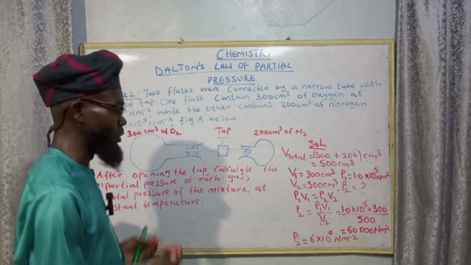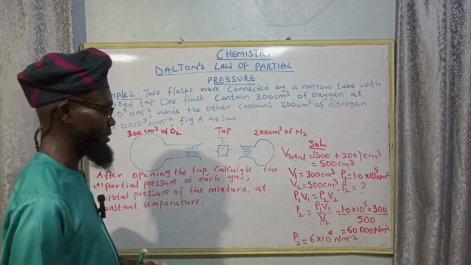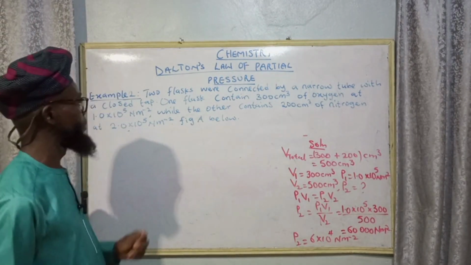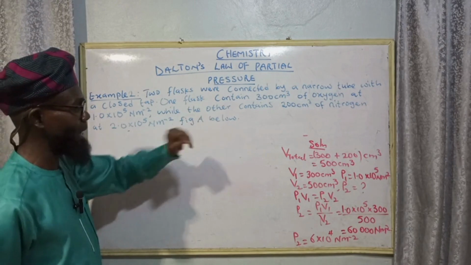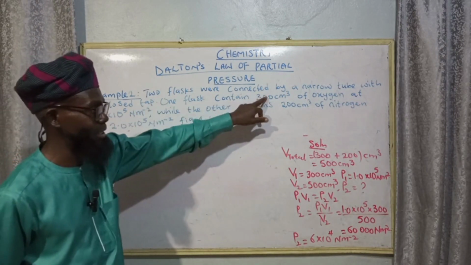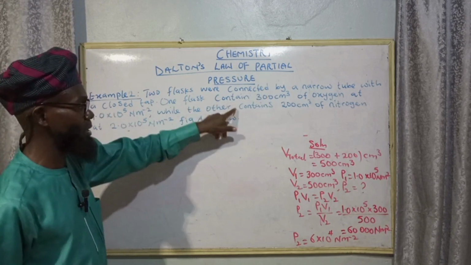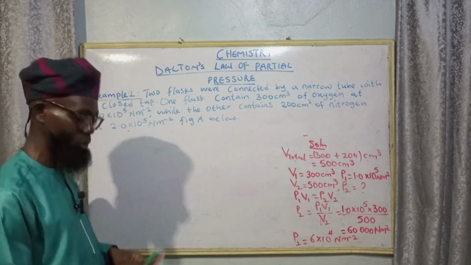Now, let's move on to that of the nitrogen gas. Going back to the question, two flasks were connected by a narrow tube with a closed tap. One flask contained 300 cm cube of oxygen at this pressure, while the other contains 200 cm cube of nitrogen.